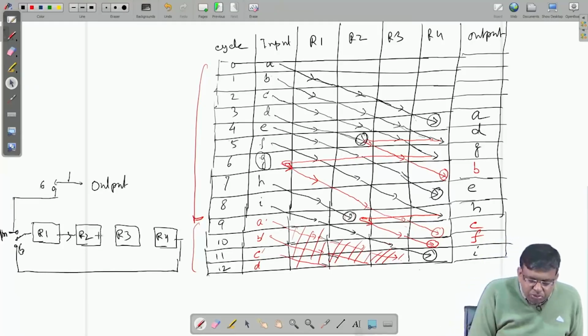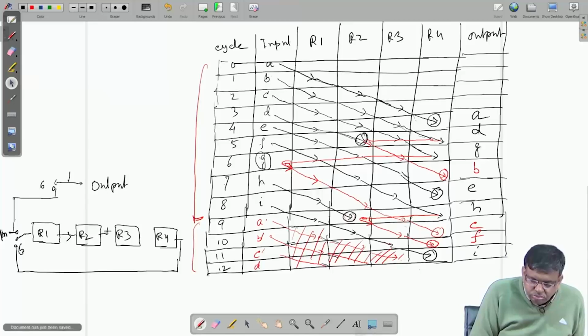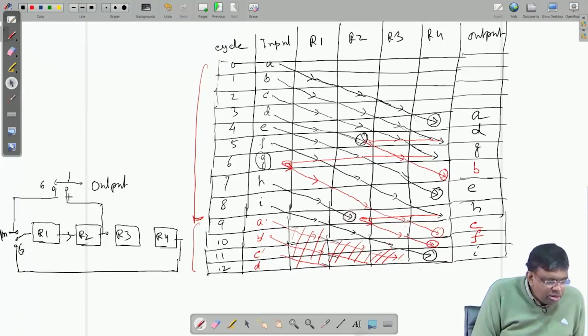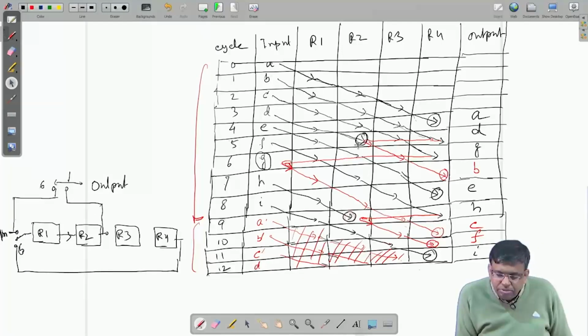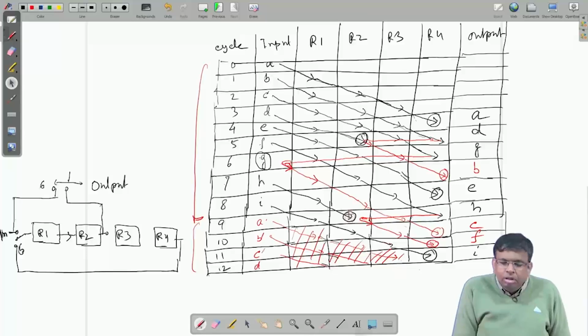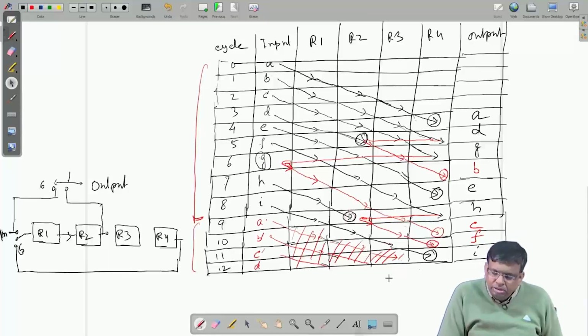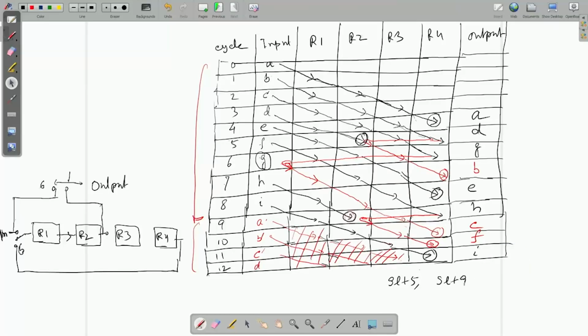So, R2 output will go here at cycles 5 and 9. Now, I tell you one thing, actually it is 9L plus 5 and 9L plus 9.